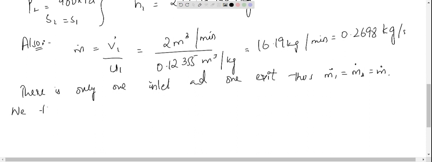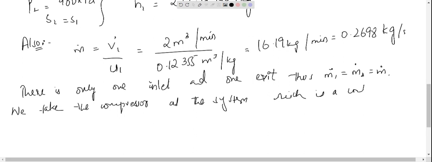So we take the compressor as the system, which is a control volume, since mass crosses the boundary.